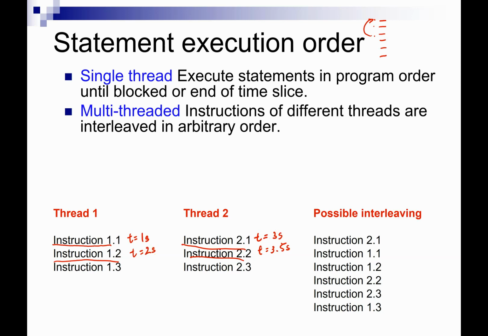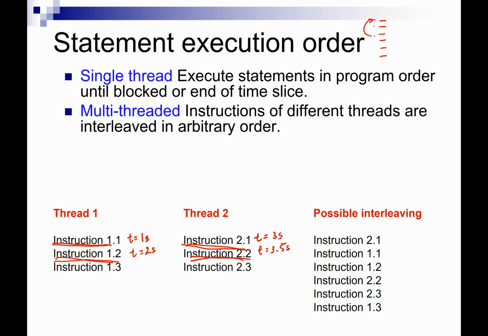So in that case, we would do this one first, and then that one, and then this one, and then this one. But in any case, there's some sort of actual interleaving which happens when you execute these 2 threads together. This is one possible interleaving, and there are many other possible interleavings.